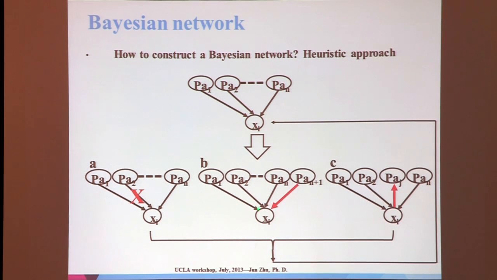Or if I add one parent, does it fit better? Or I can reverse the relationship, as long as it is still a directed acyclic graph. You can estimate the likelihood to see whether it fits the data better than the original structure.